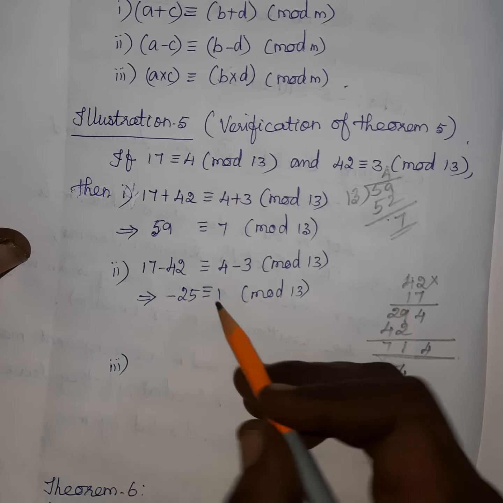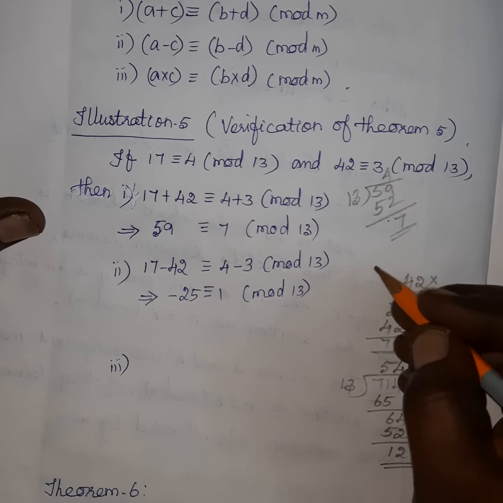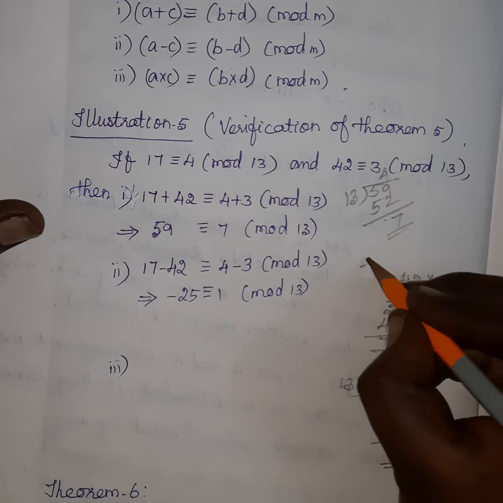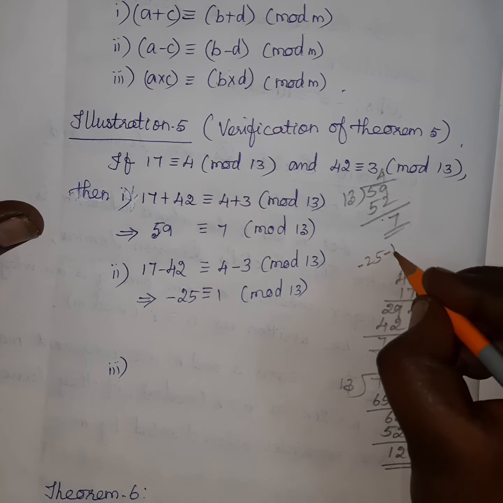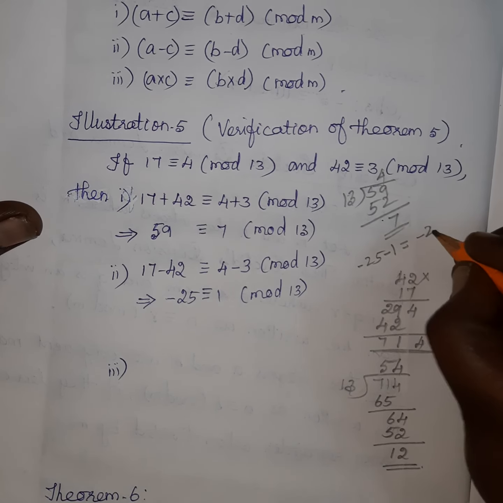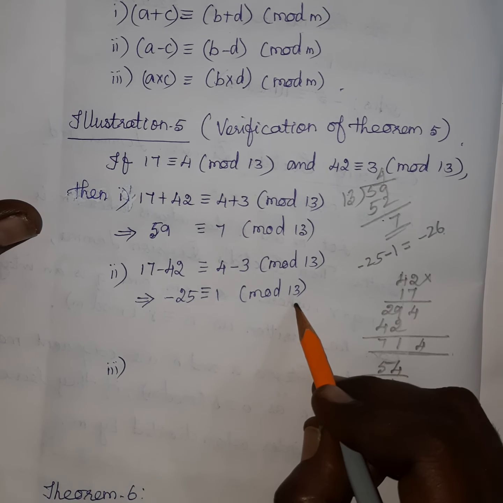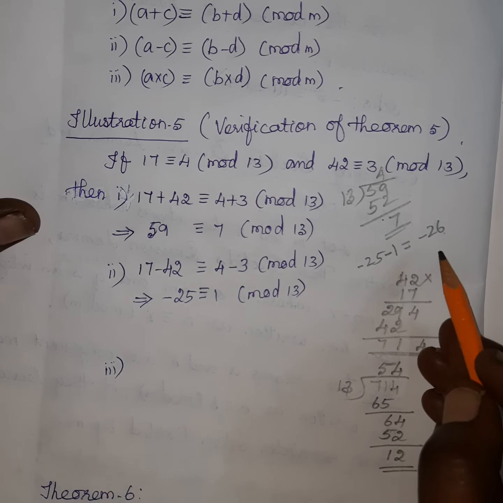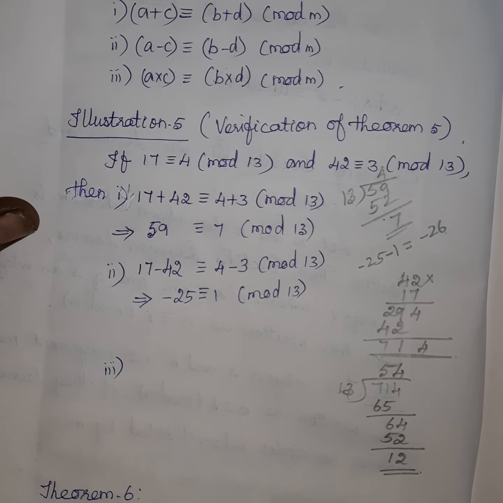We can check. See this, here this is a negative number, so by division we cannot do. Now minus 25, when you take this 1 to the right side you will get minus 1. What is the value of minus 25 minus 1? It is minus 26. Okay, so minus 26 is divisible by 13. Understood? Minus 2 into 13 equals minus 26. So this value is also correct.